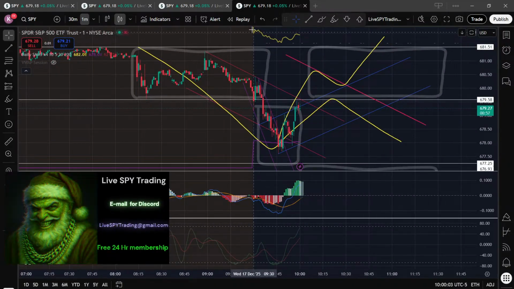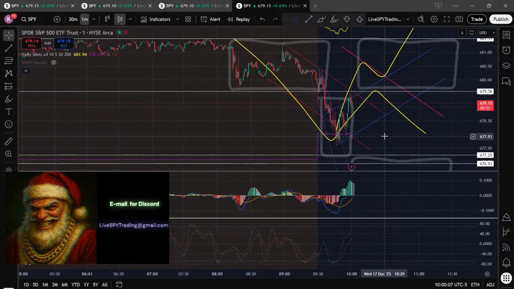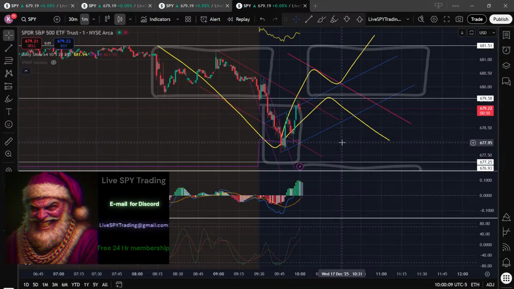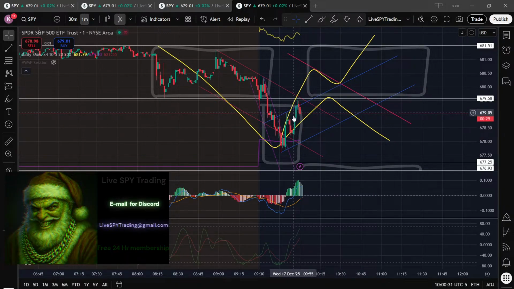Until something changes, we see the setups. Look, we just gotta let all this liquidity settle out. We're gonna figure out which way they want to go. It's gonna be obvious.